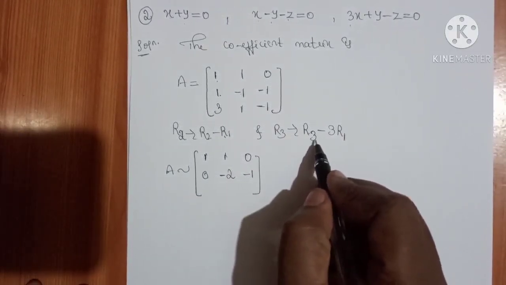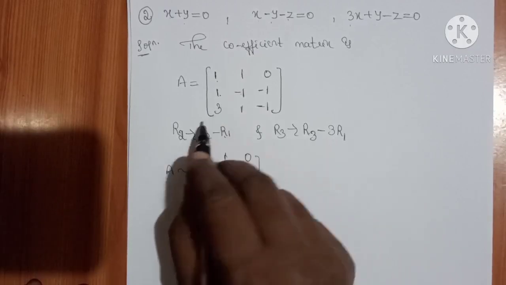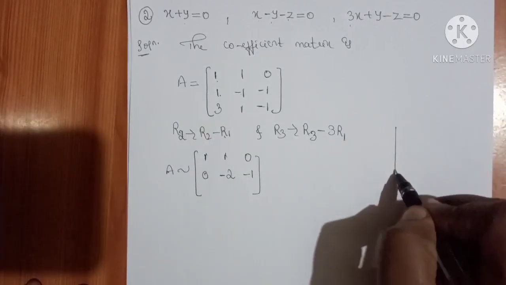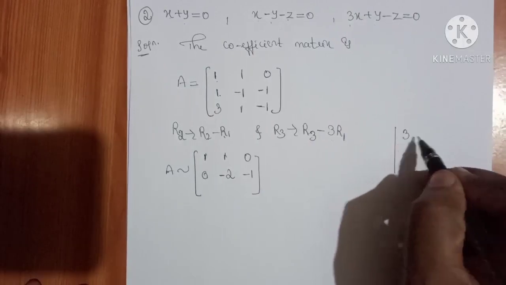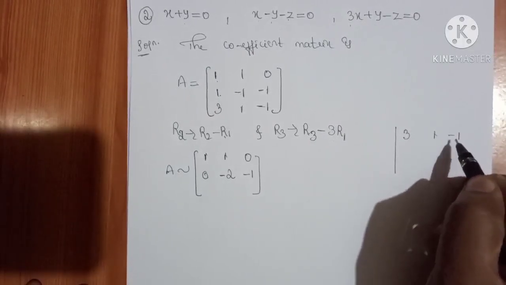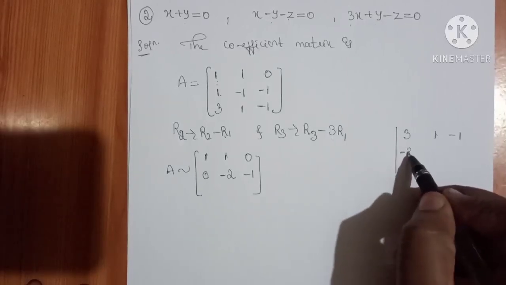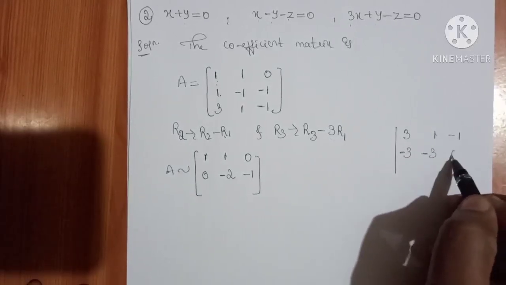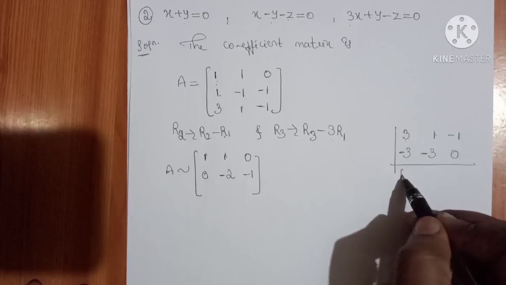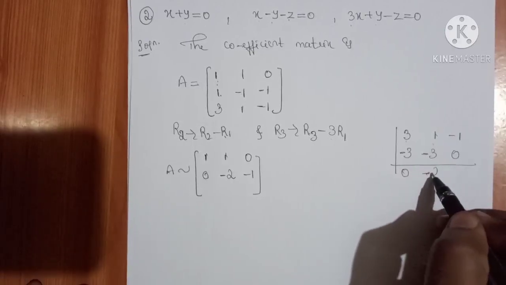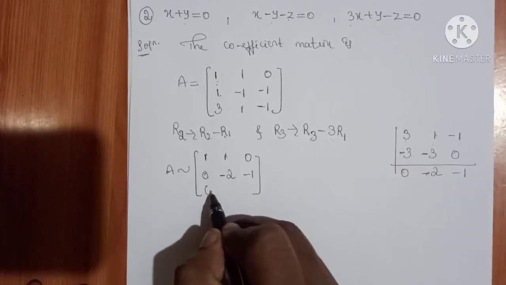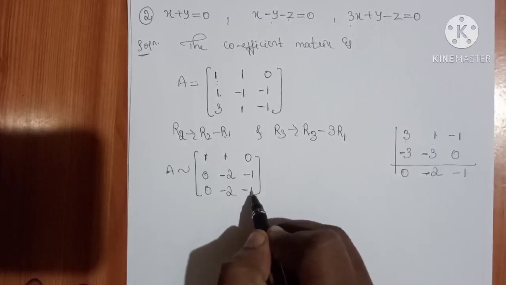Next R3 minus 3R1: R3 elements 3 1 minus 1 and minus 3 into R1 equals to minus 3, minus 3, 0. Simplifying we get 0 minus 2 minus 1.